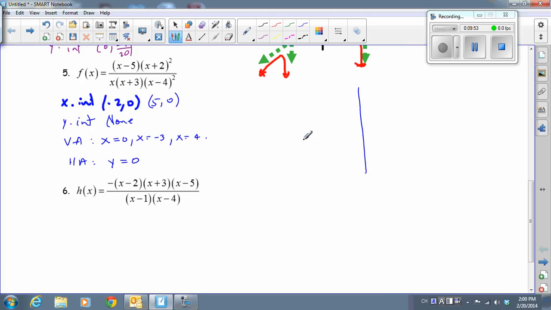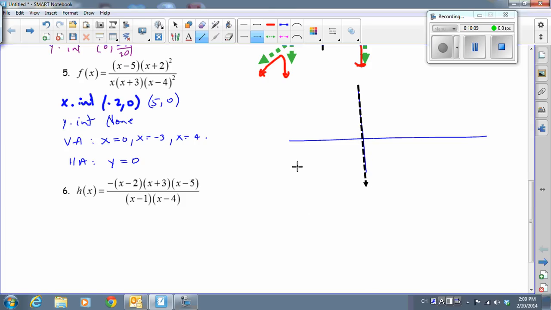So let's go ahead and graph it. I'll do a very rough graph here. At 0, I have an asymptote. I'll make it dotted. This is an asymptote. I also have one at -3, and I also have one at +4.